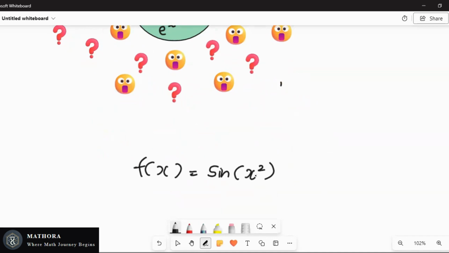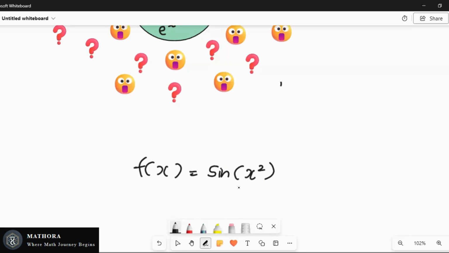Without the chain rule, differentiating these would be a nightmare. But with the chain rule, you can differentiate them quickly and accurately. It's like breaking down a complex puzzle into smaller, manageable pieces.